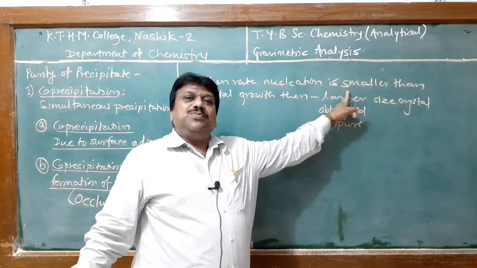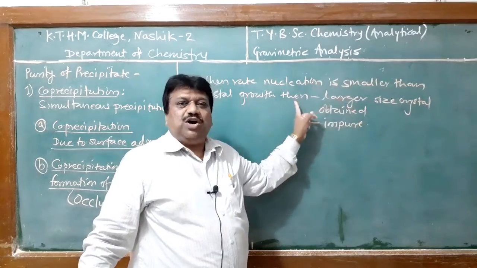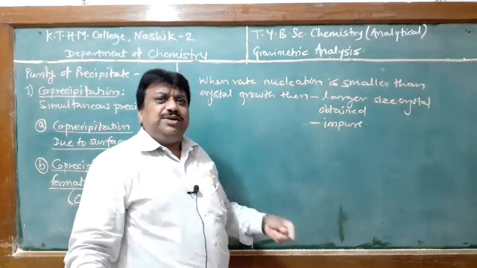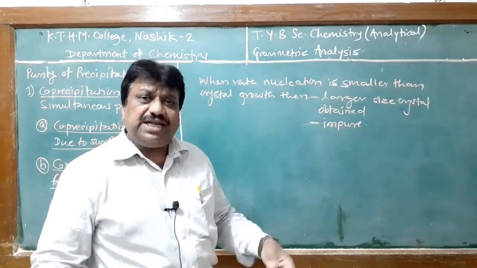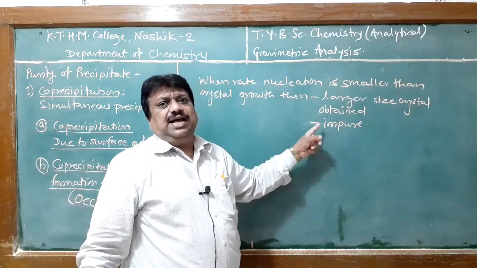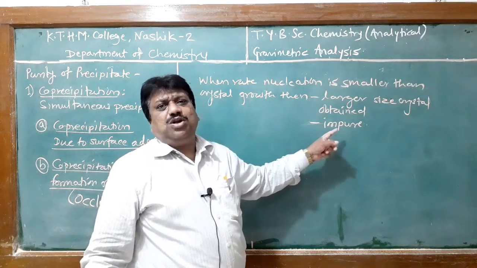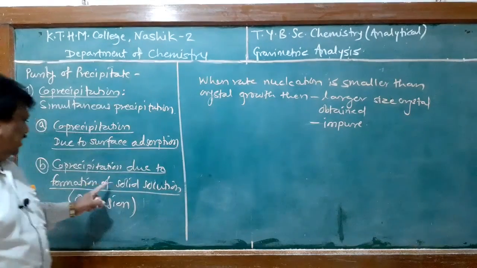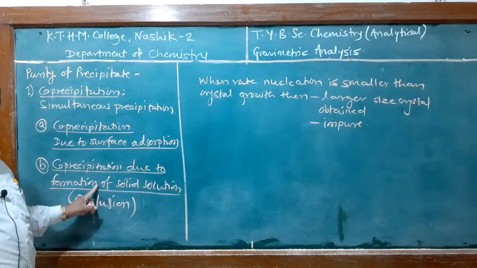sufficient number of nuclei are not produced for the formation of precipitate, and then other solid particles or sometimes solvent molecules present in the mother liquor are taken by the precipitate for formation of a crystal, and that is called formation of solid solution.